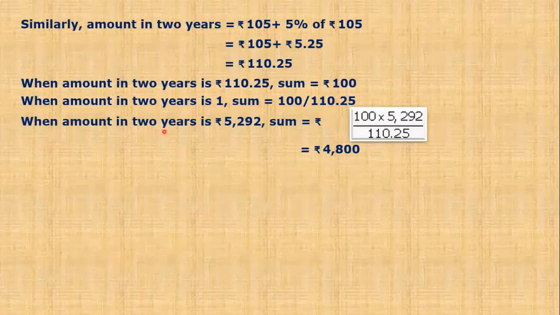Now, when the amount in 2 years is rupees 5,292, which is given in the question itself, then the sum will be rupees 100 upon 110.25 multiplied by 5,292. On calculation, we will get rupees 4,800. So the original sum invested is rupees 4,800.